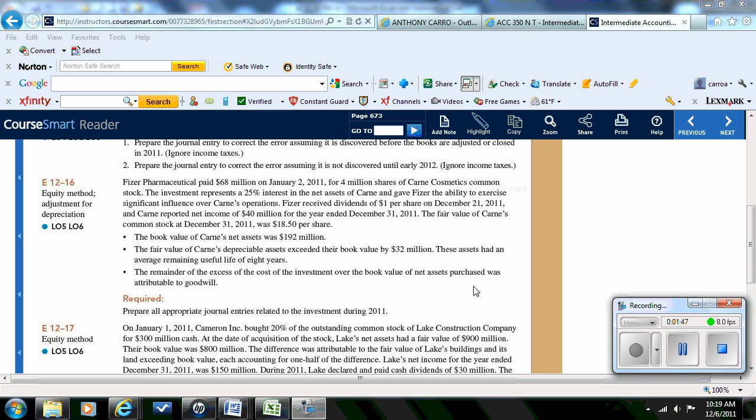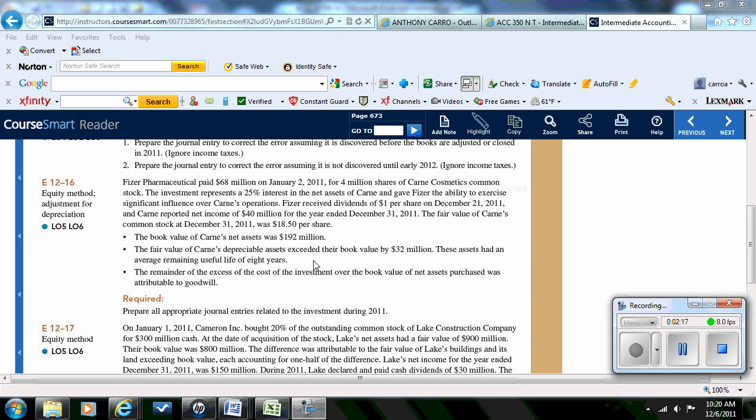So let's begin by looking at the details of the purchase. At the time of Pfizer's investment, Carney's book value of their net assets, their total assets minus their total liabilities, was $192 million. Remember, book value means that the operational assets are being carried at historical cost less accumulated depreciation.